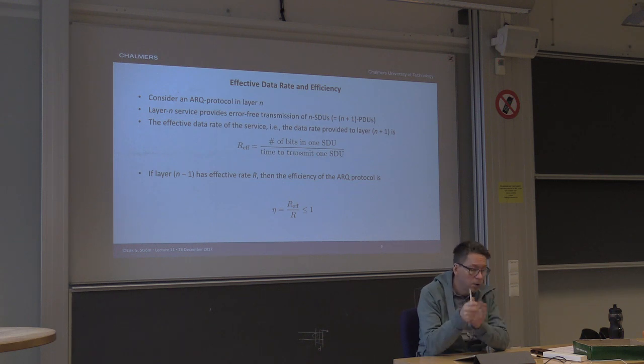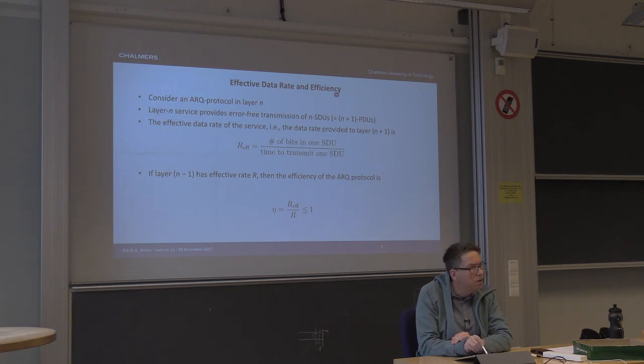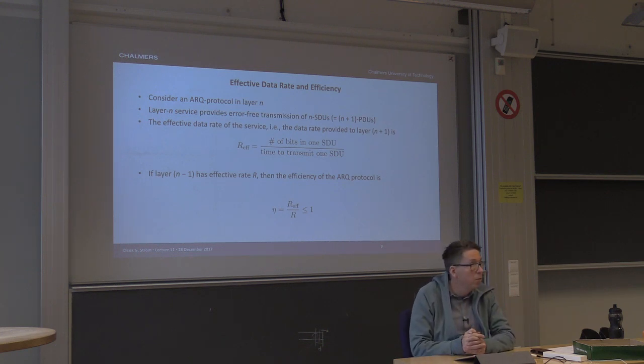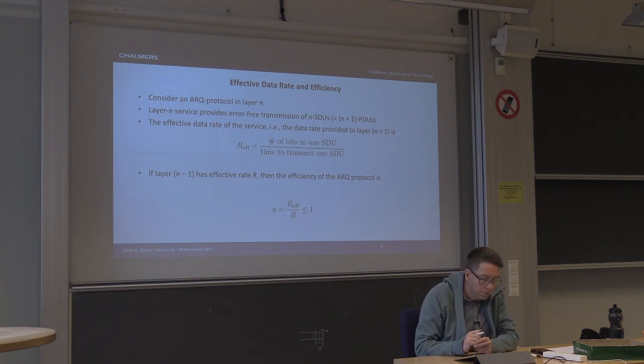And we will now calculate two performance metrics which are quite related to each other. They are called the effective data rate and efficiency of these protocols. And we will see that sometimes it's preferable to use go back N rather than stop and wait, and the opposite. And then there is selective repeat that we will talk about later on, and show also that sometimes we want to use that.